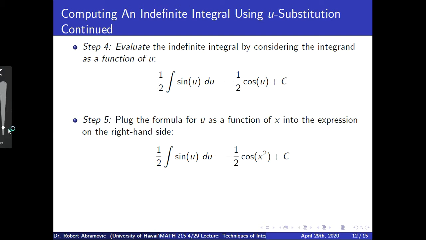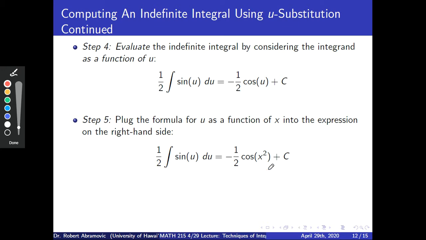The last step is to plug in the original formula for u as a function of x into the expression on the right-hand side. So we're plugging into negative 1/2 times cosine of u. What do we get? We get negative 1/2 cosine of x squared. And indeed, you can check this.